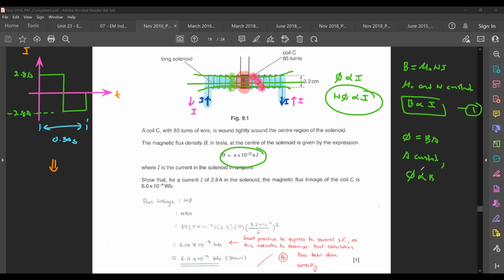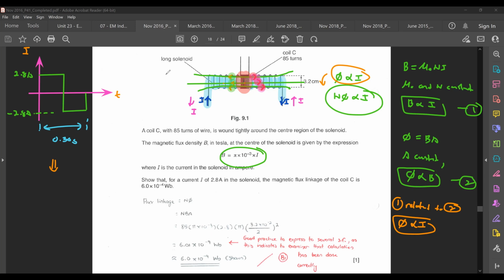Flux is proportional to B. This is number two. So if you combine both of them together, 1 related to 2, you get flux is proportional to current. That's how you got this. And then you can expand it to include flux linkage.